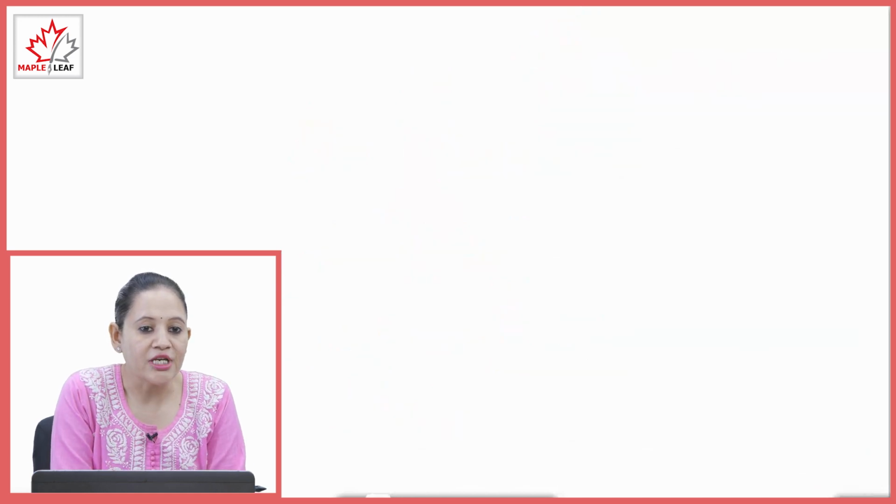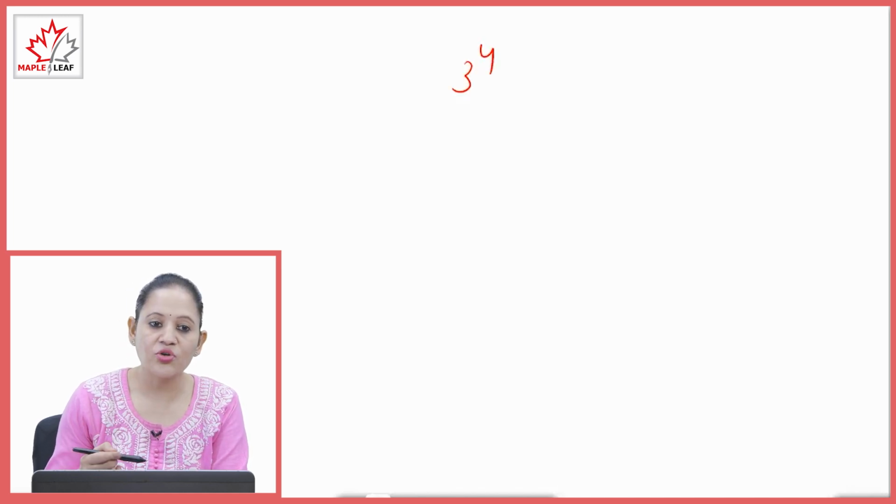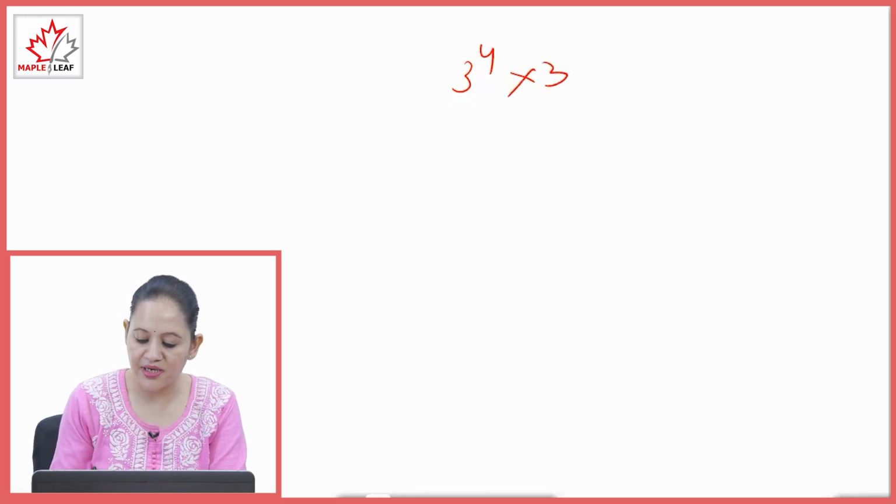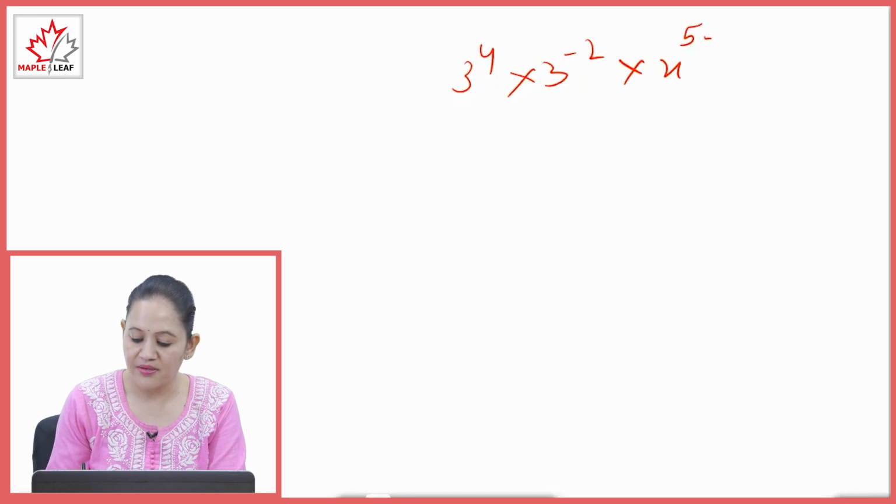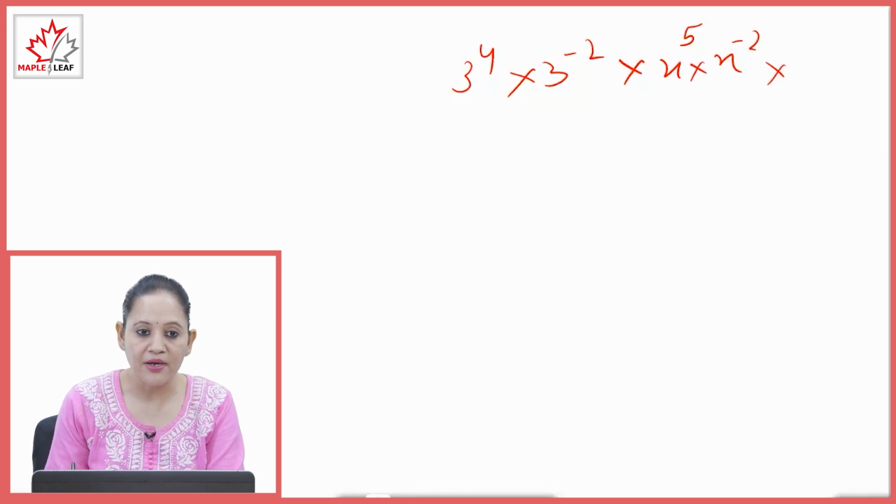3^4 into x^5 multiplied by y^2. So 3^4. हम क्या करेंगे, जो नीचे जो पावर्स है उनको ऊपर ले आएंगे तो वो नेगेटिव हो जाएगी. Multiply 3^-2 multiplied by x^5 multiply by x^-2 multiply by y^2 into y^-4.